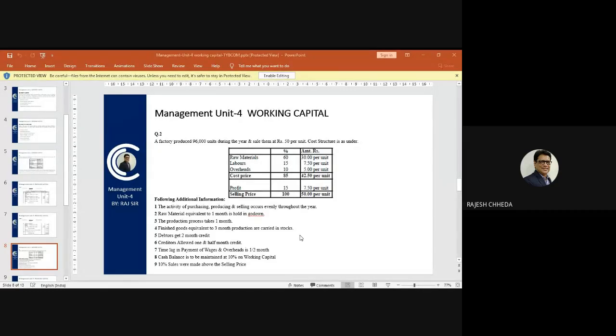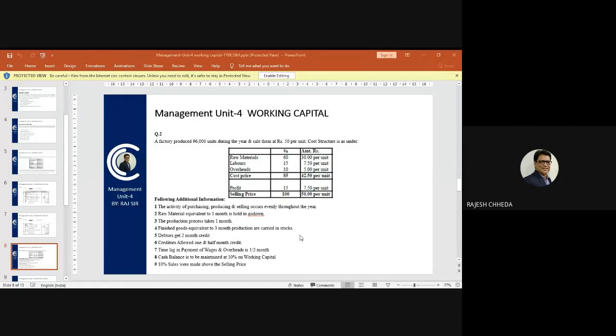Once again I am repeating, 8,000 into 3 into 42.50. Understood? So tell me, what is the calculation for finished goods? 8,000 multiplied by 3 months, at 42.50 cost, because 3 months stock is required.